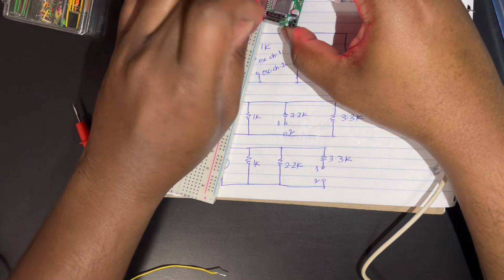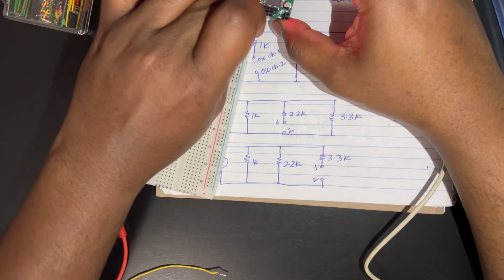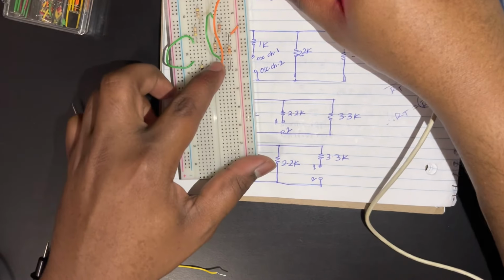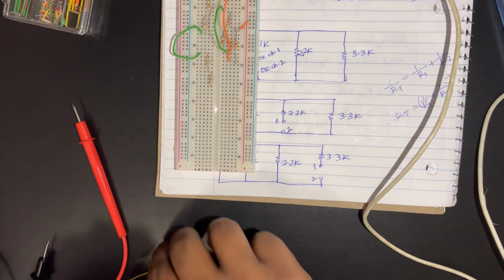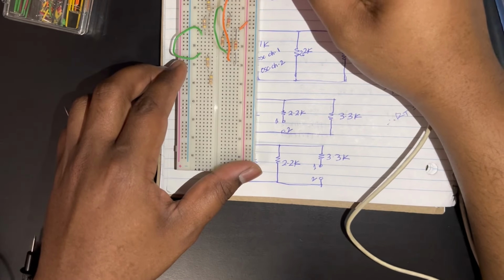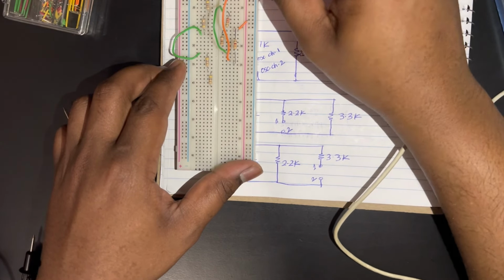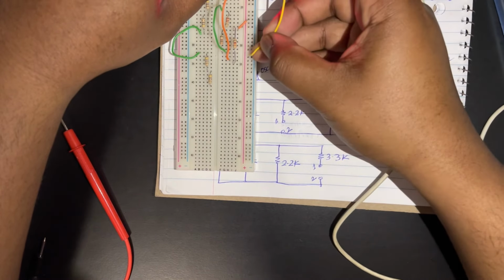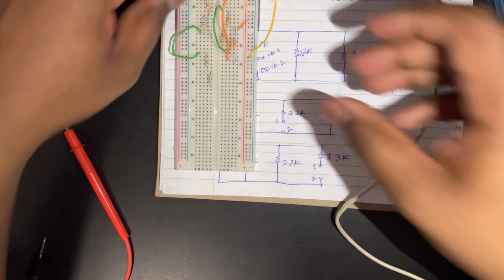You have to be very careful because you are dealing with 10 volts of power, right? So that's channel 1, and then channel 2 would go to ground.